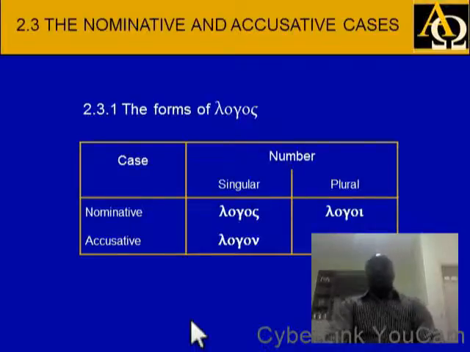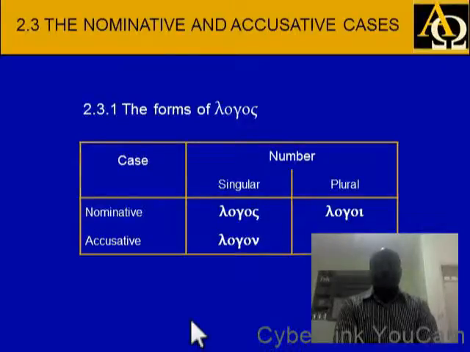Now let's talk about the Greek nouns, and we have the various classifications of the Greek nouns, and we're going to look at logos. In this case, we have nominative and accusative.